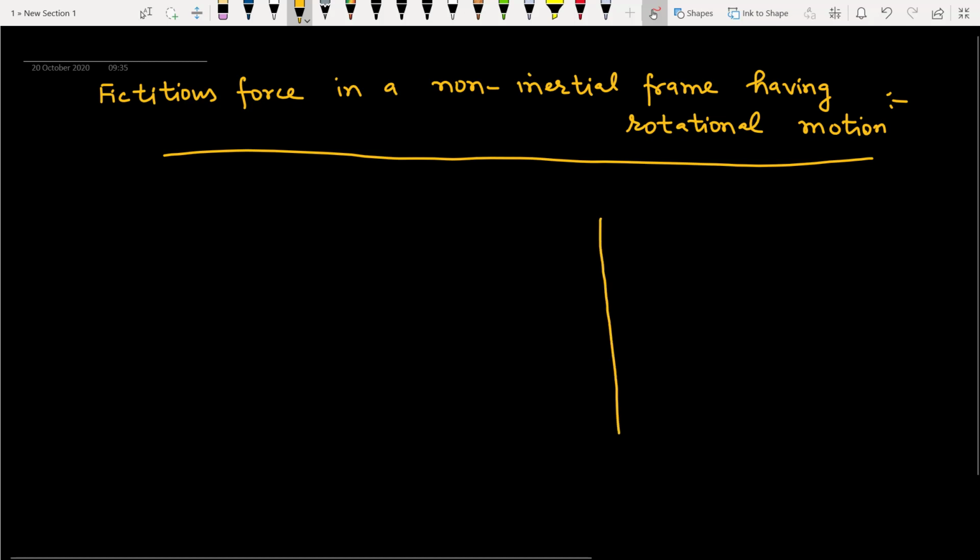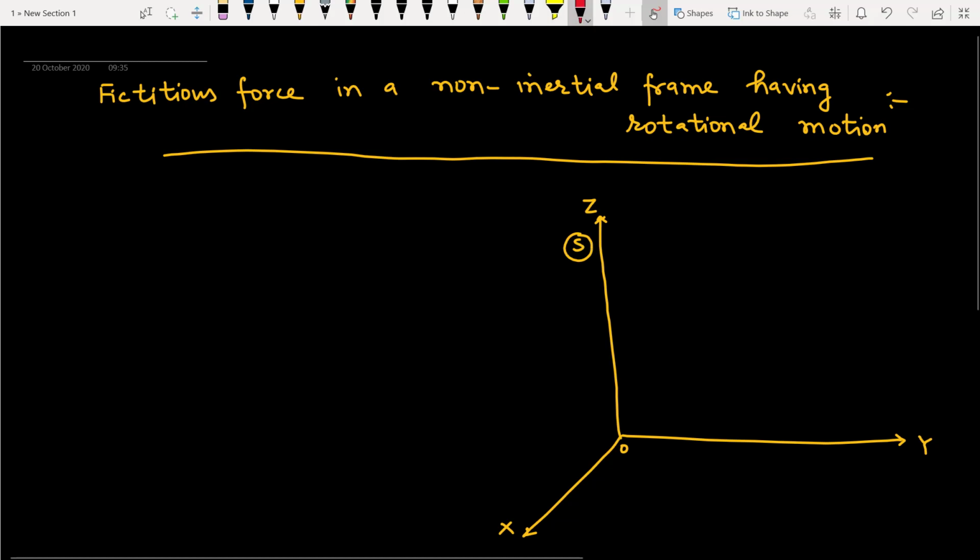So we have two frames of reference, X, Y, Z axis. So this is my S frame of reference.